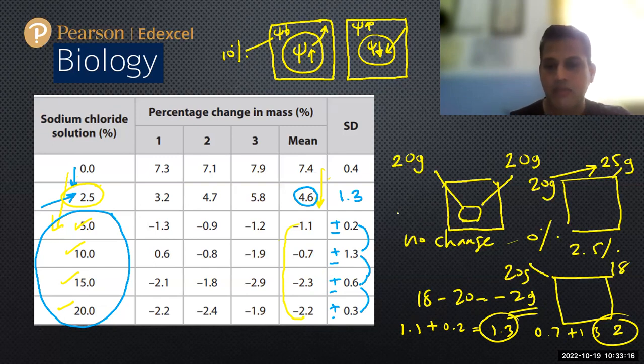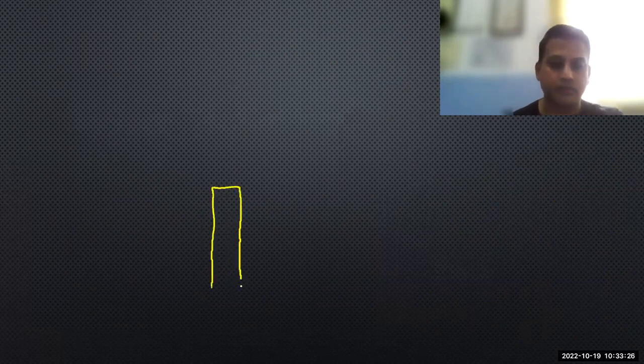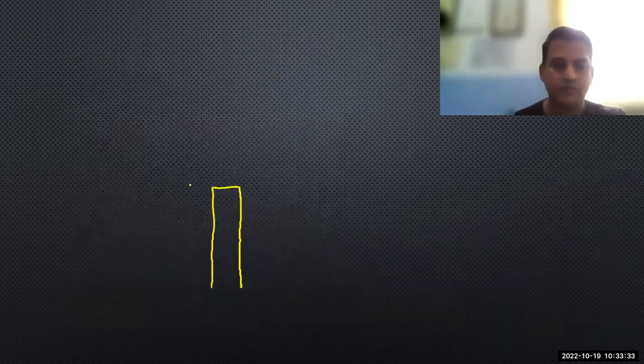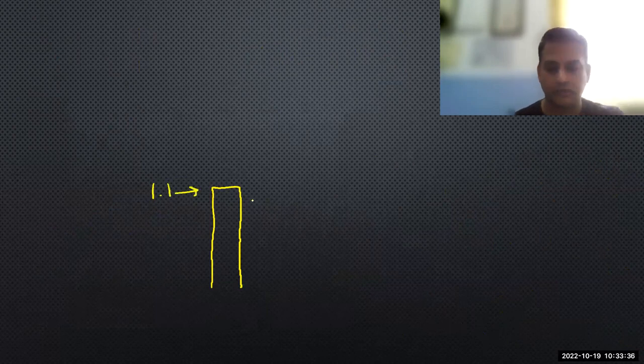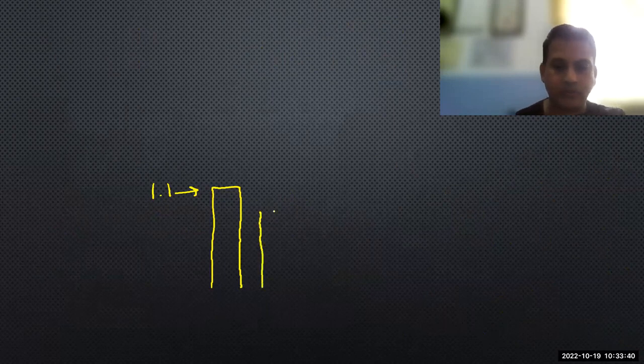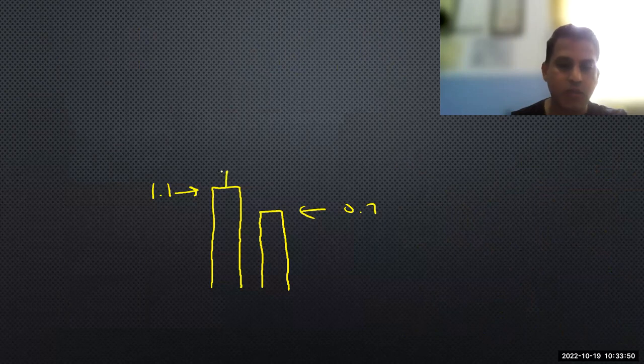And if I show it in the graph, this is 1.1, the other one is 0.7. Then the standard deviations are 0.3, 1.3, 0.2.